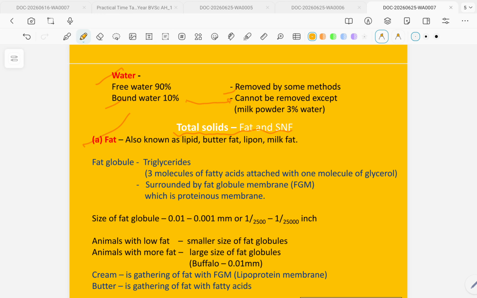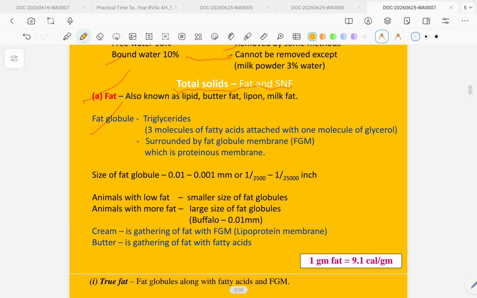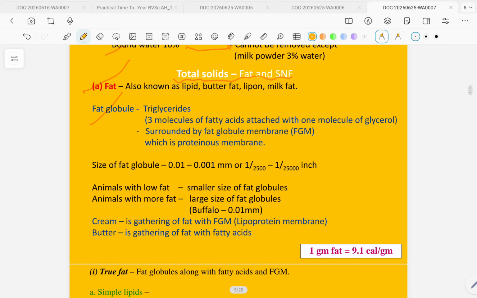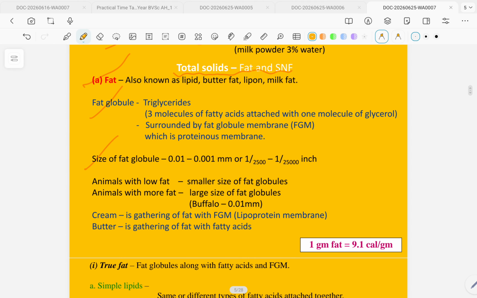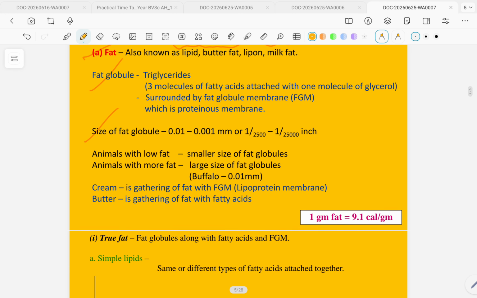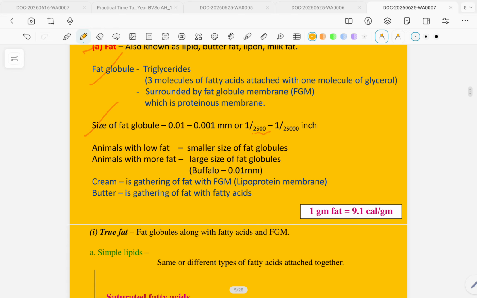Fat, also known as lipid, butterfat, or milk fat, exists as fat globules of triglycerides: 3 molecules of fatty acid attached to 1 molecule of glycerol, surrounded by the fat globule membrane, FGM, which is a proteinous membrane. Size of fat globule is 0.01 to 0.01 mm, or 1 to 500.